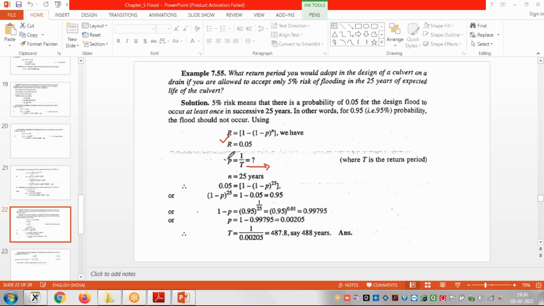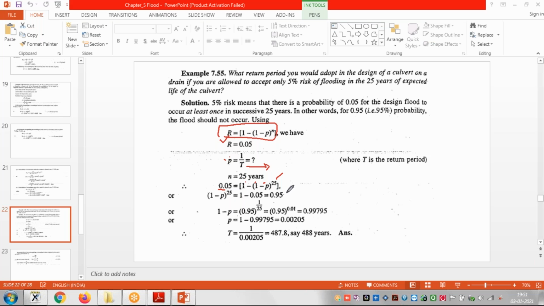Once we get the T, we will find the P. So through this formula, R is equal to 1 minus, and again 1 minus P raised to the power n. N is 25, P we don't know, and R value is 0.05.